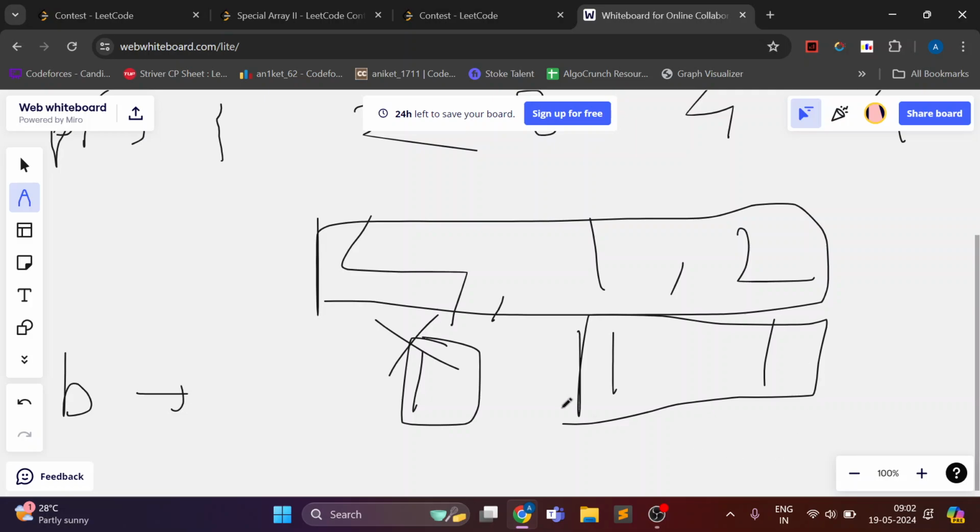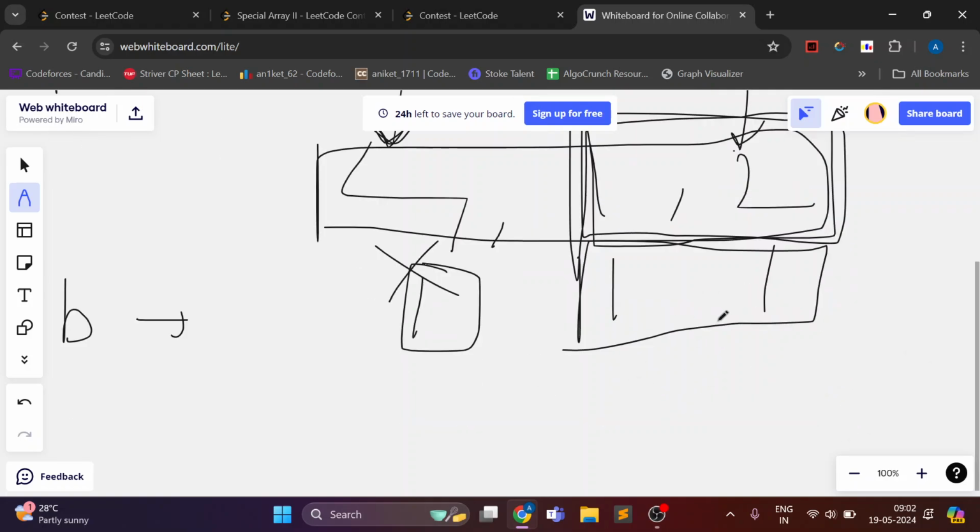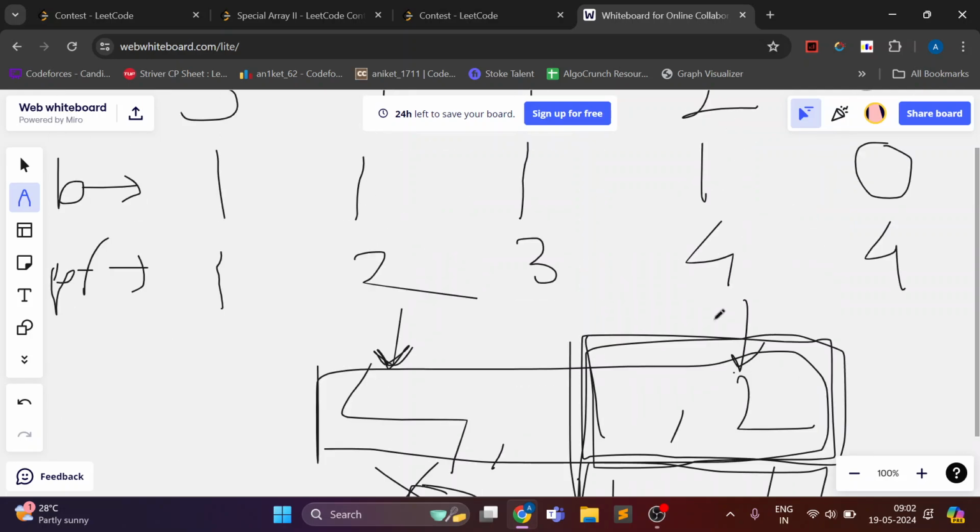So to check all of them are 1, I will calculate the prefix sum till this and subtract the prefix sum till this. Then I will get the prefix sum of this part, all the elements except the first element of the subarray, and if it is equal to r minus l itself, then I will add true to my answer, else I will add false to my boolean vector.